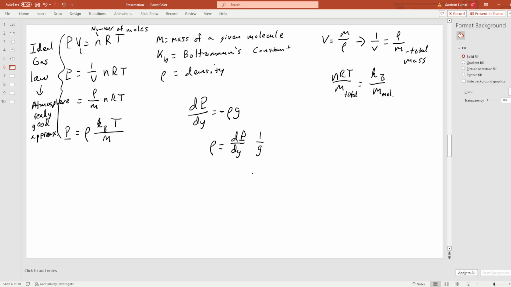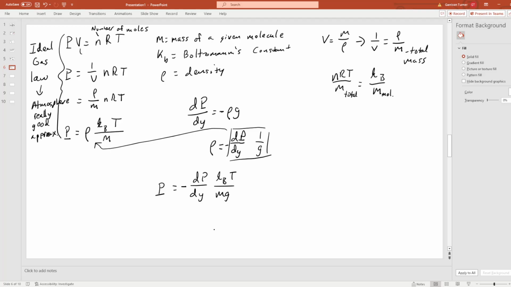Oh, I need the negative sign, don't I? I'm going to insert this in for rho right here. So my pressure is going to equal negative dP dy kBT over mg.